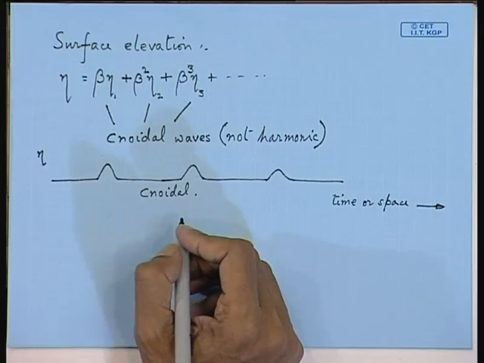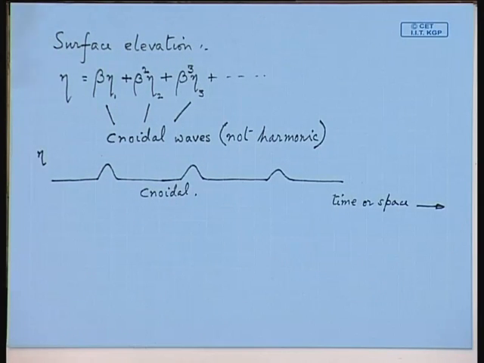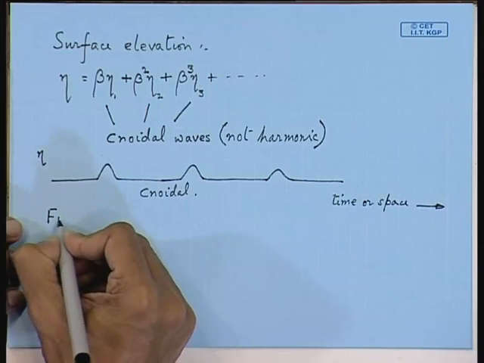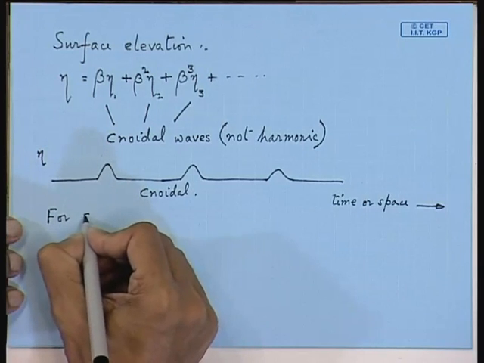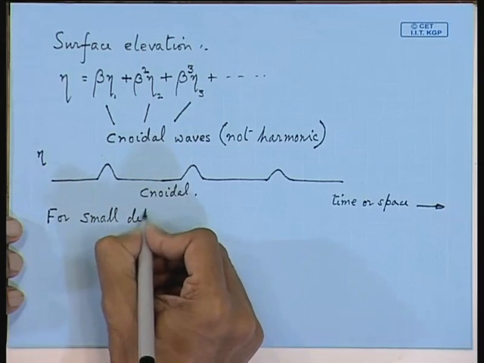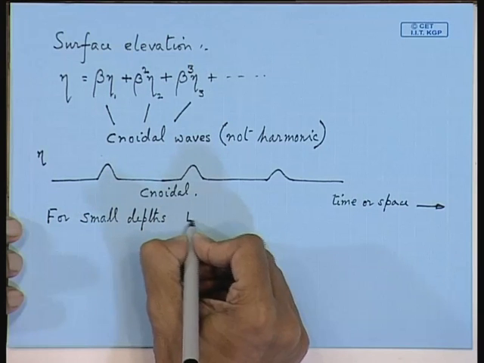Now, suppose this depth becomes equal to 0 or very, very small. For very small depths, this L by D will tend to infinity.